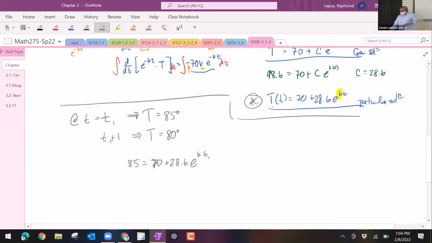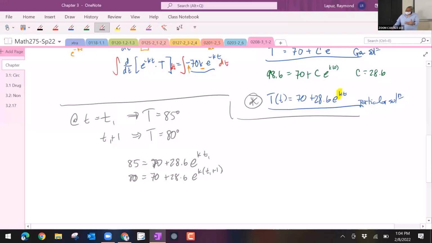And for the second one, we have 80 is equal to 70 plus 28.6 e to the k times an hour later, which is t1 plus 1. So we have two equations, two unknowns, the k and t1, and we need to solve for one of them. I don't know what we should solve for. Oh, we need to find t.